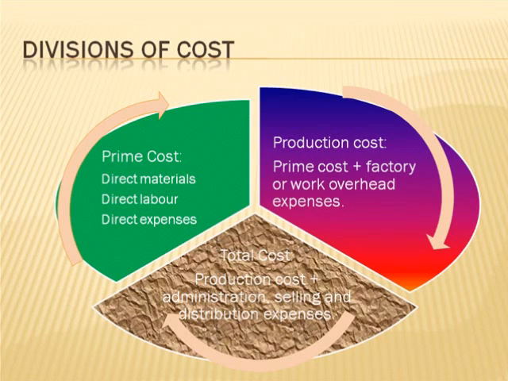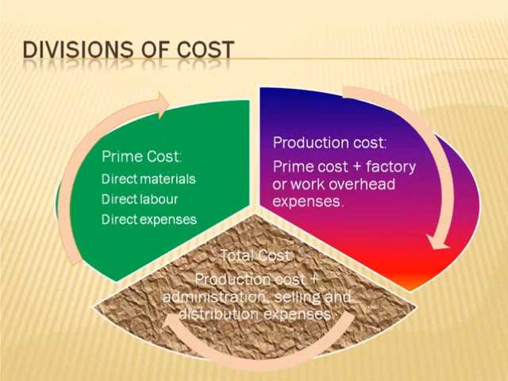We'll go into details as we go along as it relates to these different points. Then you have production costs, and as you can see, production cost is prime cost plus factory or work overhead expenses. Therefore, in order to calculate production costs, you must calculate prime cost first.